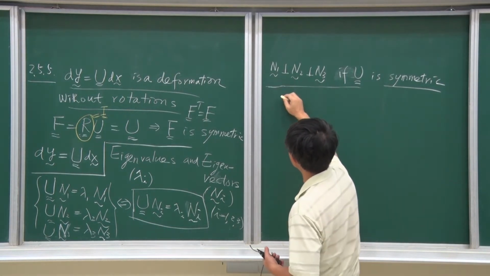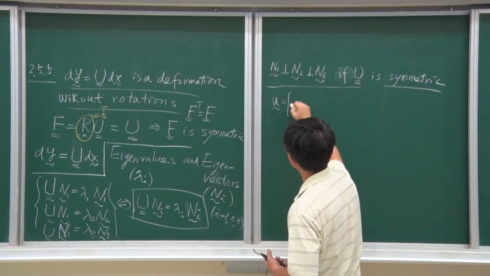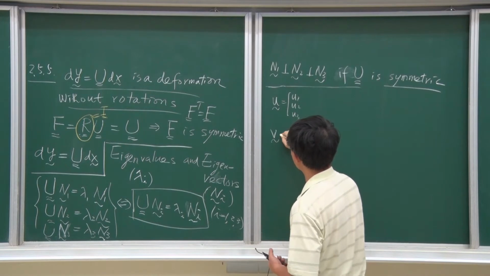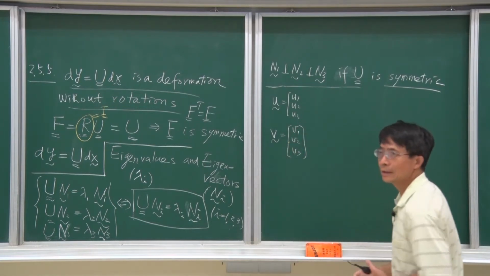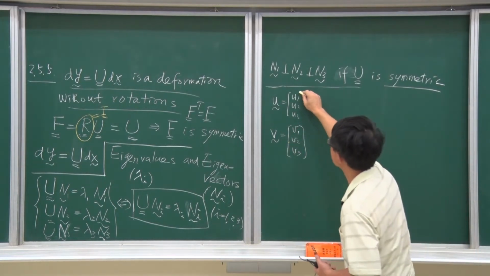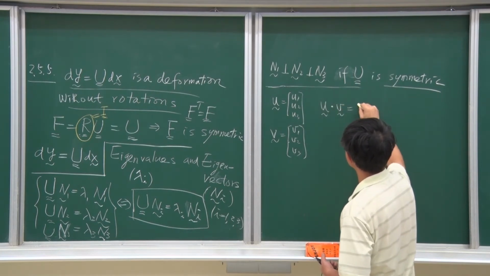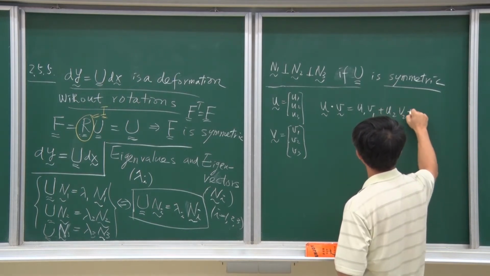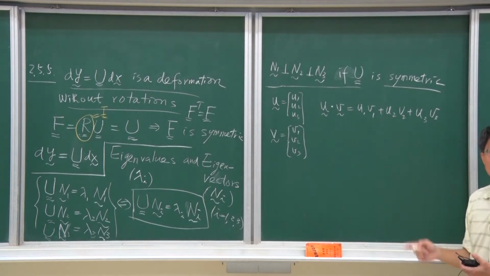Before this, let me do some review about the symbols. U is a vector, U1, U2, U3. V is a vector, V1, V2, V3. For example, like this. And then U dot V is U1 V1 plus U2 V2 plus U3 V3. What is this? This is called the inner product, right?